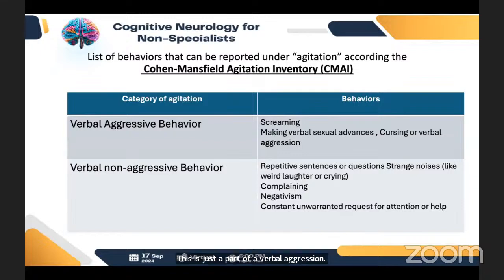And then verbal non-aggressive behavior, like repeating sentences or questions, or sometimes strange noises, complaining, negativism, or constant, unwarranted requests for attention or help. Sometimes it's not even meaningful, they're just asking for attention. They would say words or sentences that don't really have a meaning, or that can't be comprehended by the care providers.